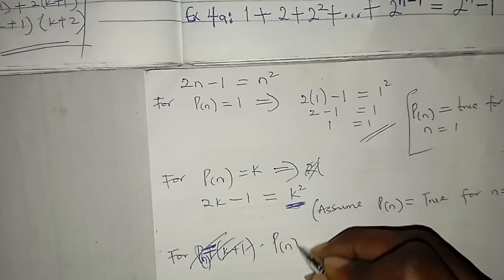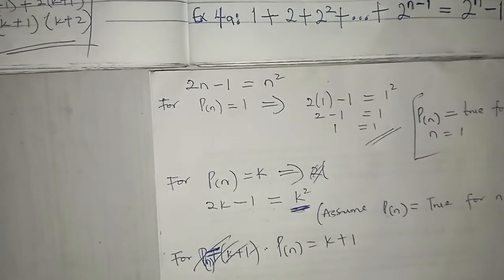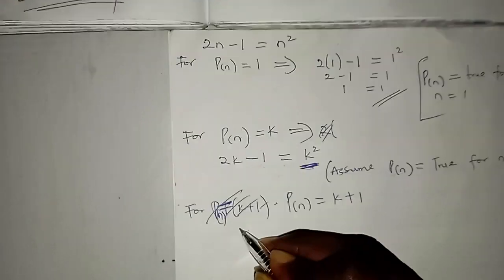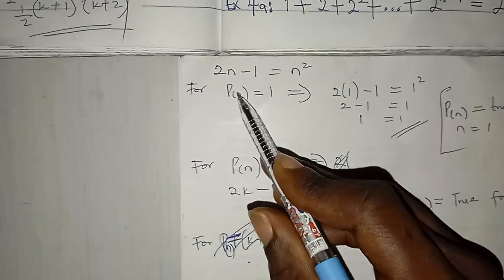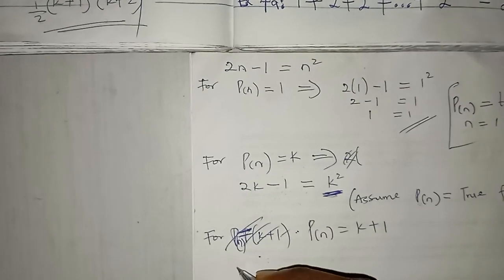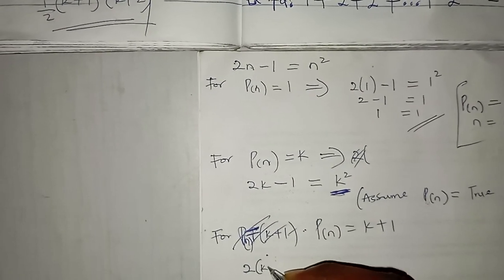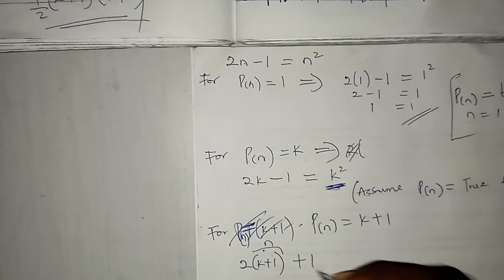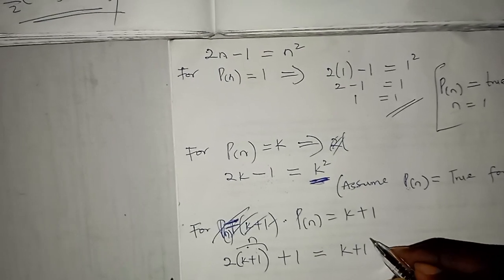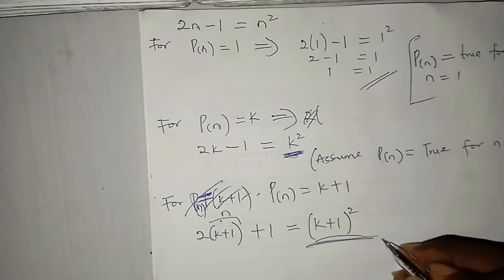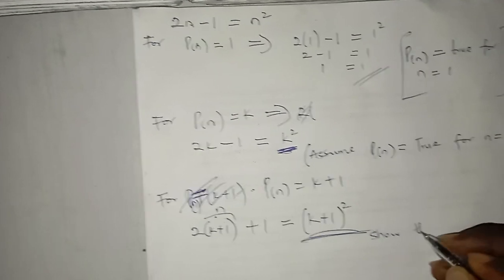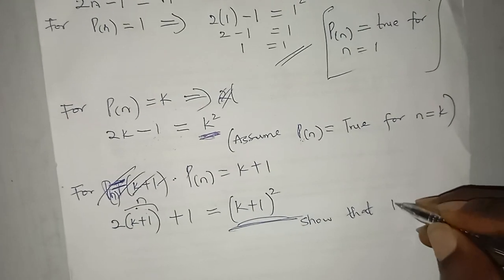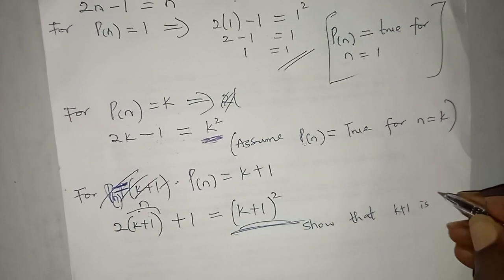For P of n equals to k plus 1, I'll simply have, instead of 2k now, notice that this is 2n, so I have to be very careful. 2n is essentially saying k plus 1, n, then minus 1 is equals to k plus 1 square. Whatever we get here, this is what we are going to prove. This is what we show. We have to show that P of k plus 1 is true.